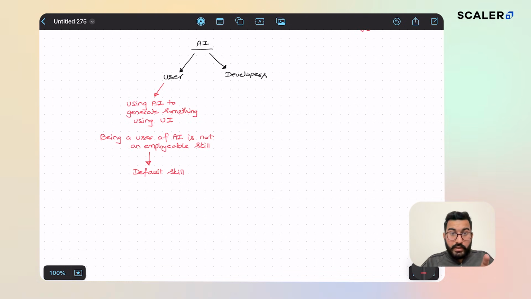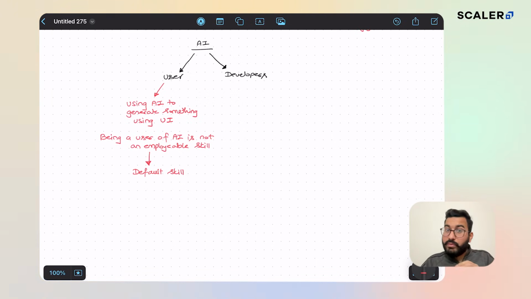So computer was a default skill that they assumed you know. Similarly, in the next 1 to 2 years, industry will start assuming that you know AI and how to use various AI tools. So usage of AI tools is like a default skill.